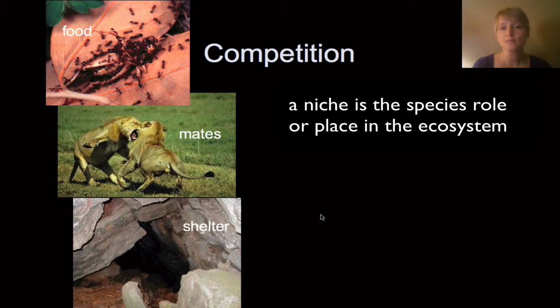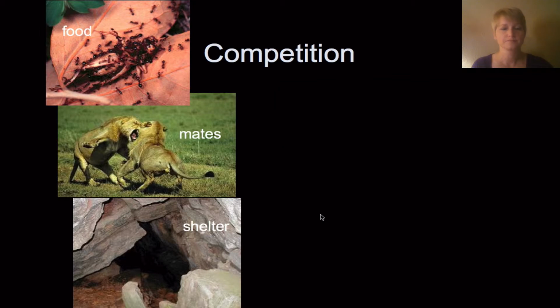So because of competition, animals cannot just inhabit the entire forest because there's too much competition and too much danger. So what they do is they'll fill a particular niche. They'll fill an area where there's enough food, there's enough shelter, they have access to their mates, and that kind of helps them avoid competition with other species.